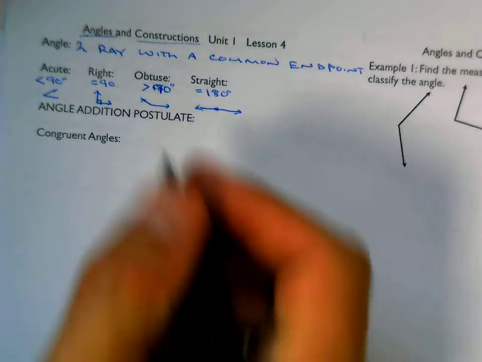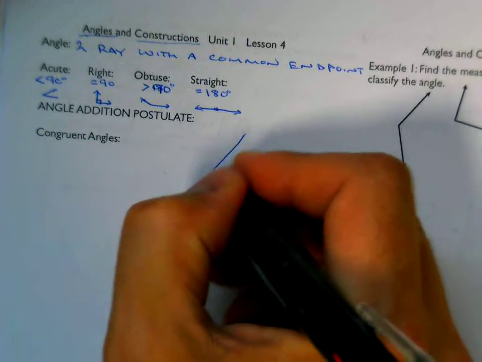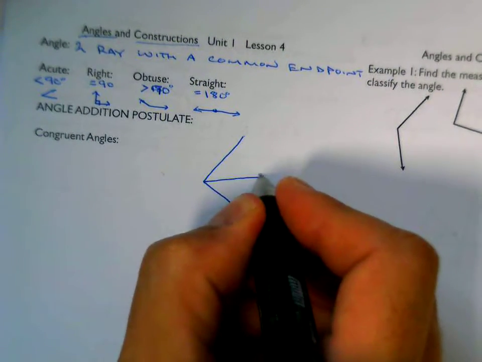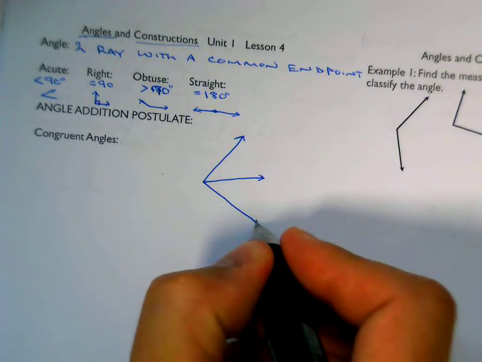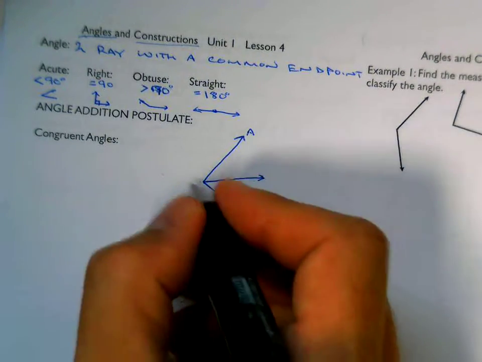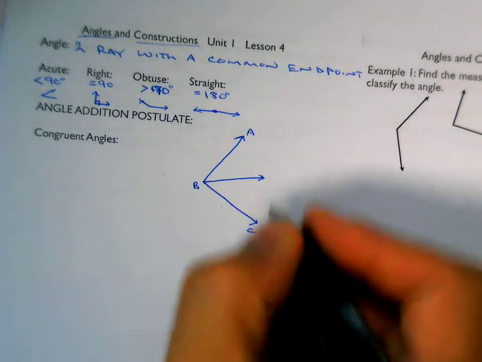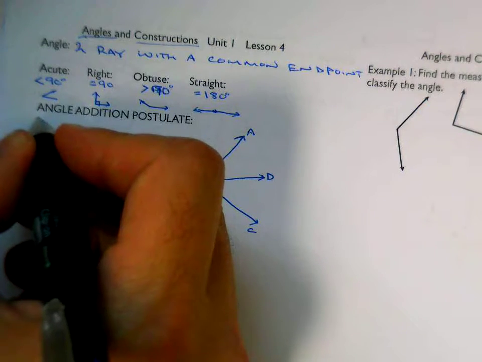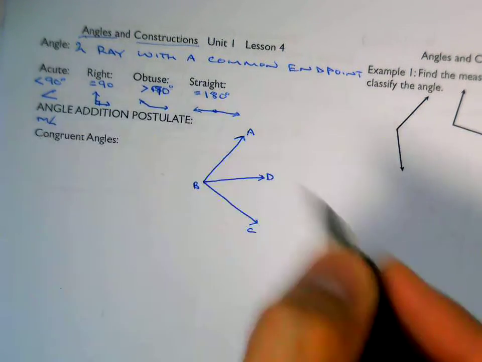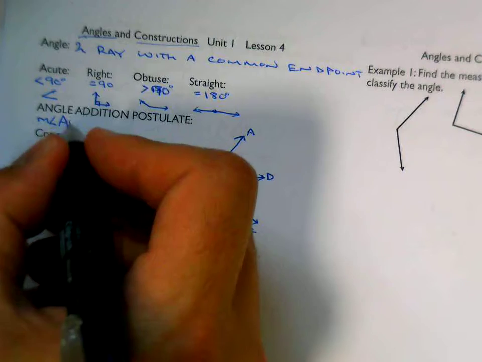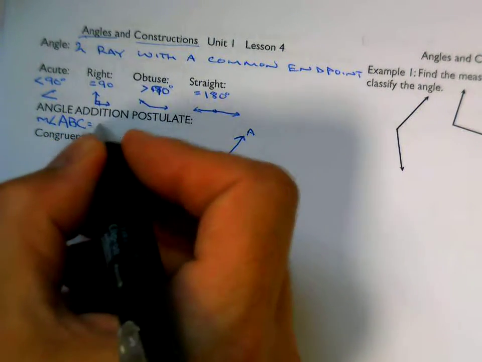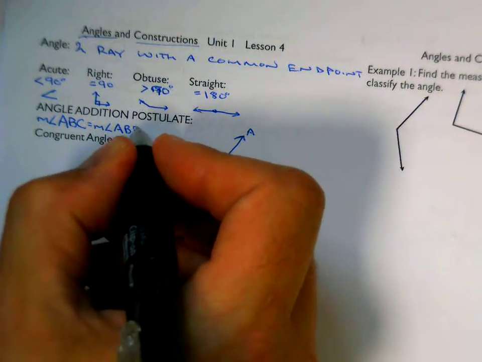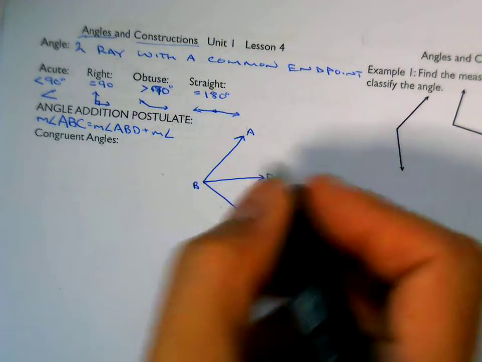The angle addition postulate goes something like this. If we have an angle with another ray on the inside, we'd wind up with something like this. We'll call it angle ABC, and then this ray will be D. We know that the measure of angle ABC is equal to the measure of angle ABD plus the measure of angle DBC.